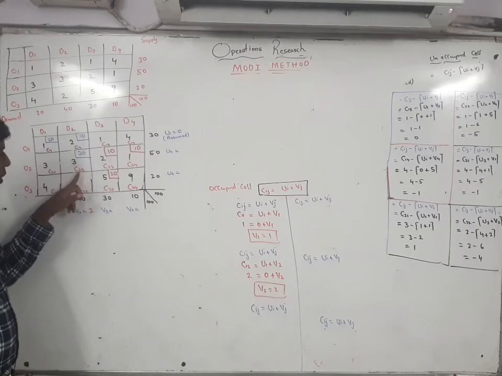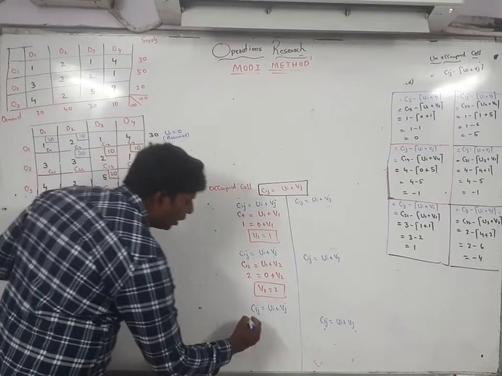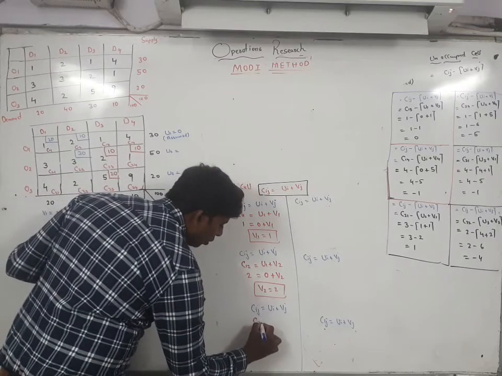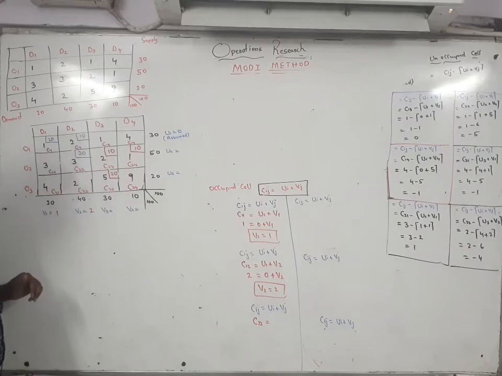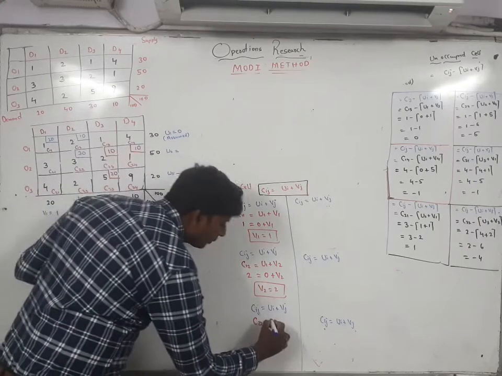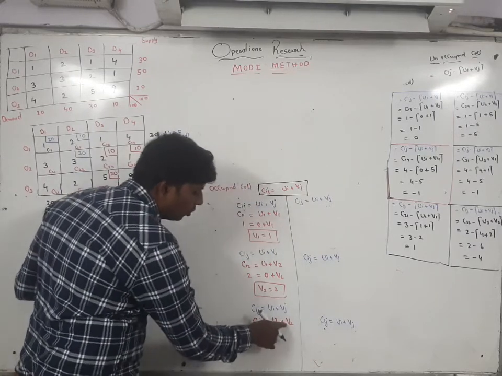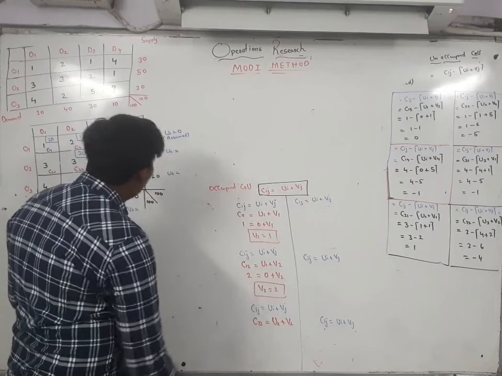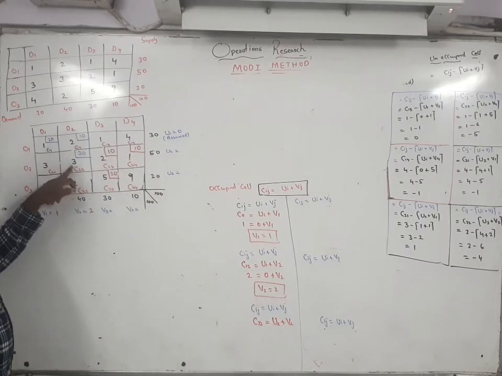Next occupied cell, what is it? C22. So here you write C22 is equal to U2 plus V2. C22, how much is the value? 3.